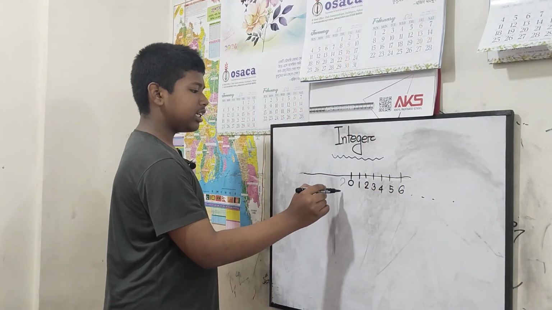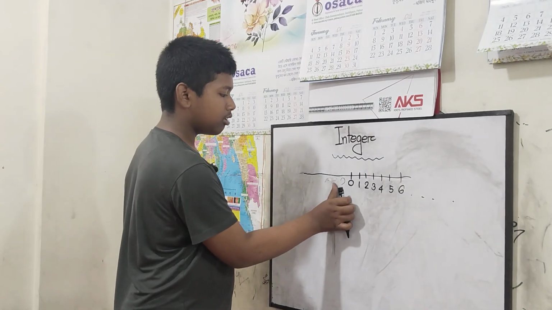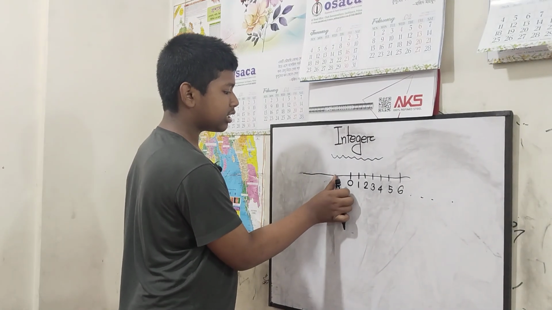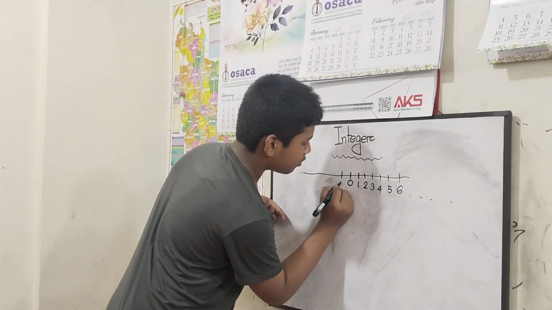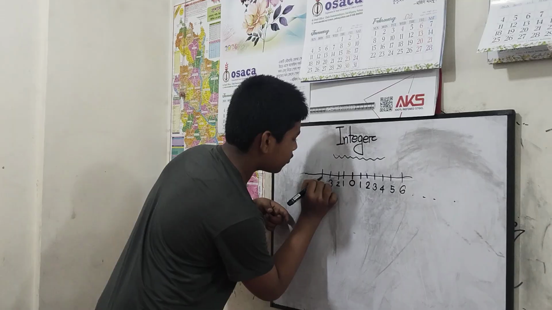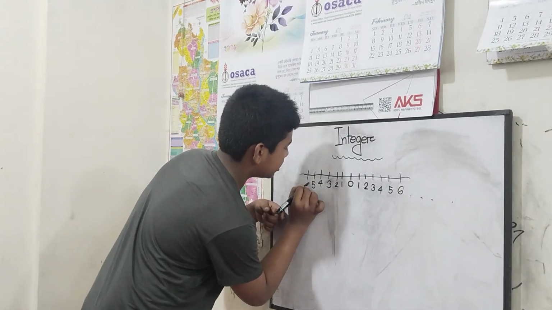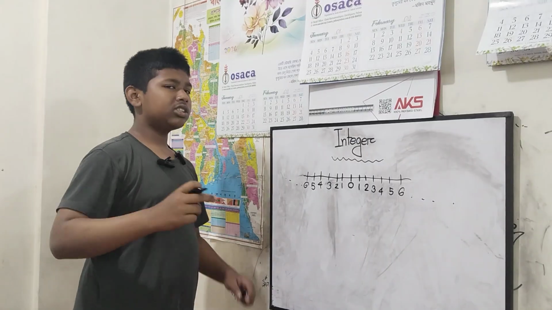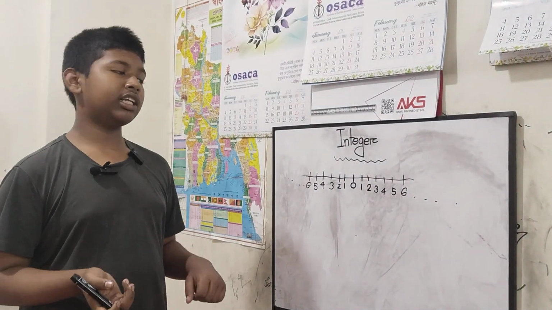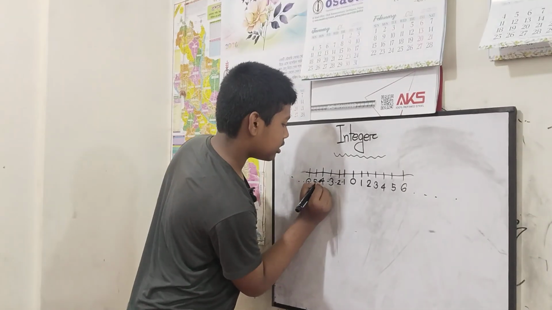What is here? You might say that there could be another set of numbers like 1, 2, 3, 4, 5, 6, and so on. You're technically correct and technically wrong, because these are called negative numbers.